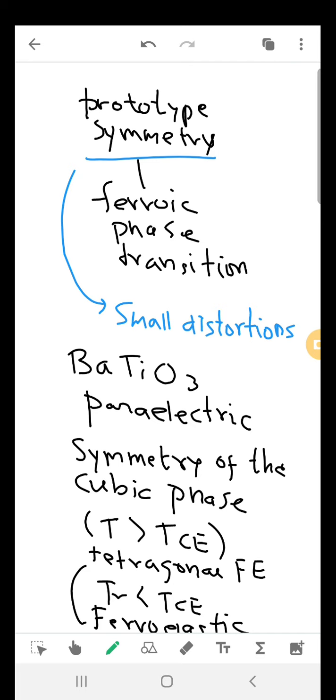So now this ferroelasticity must be a mechanical or elastic analog of ferromagnetism and ferroelectricity.